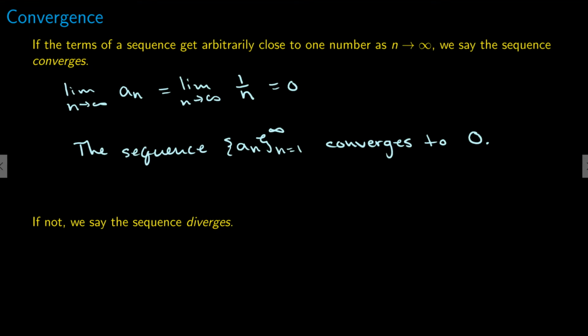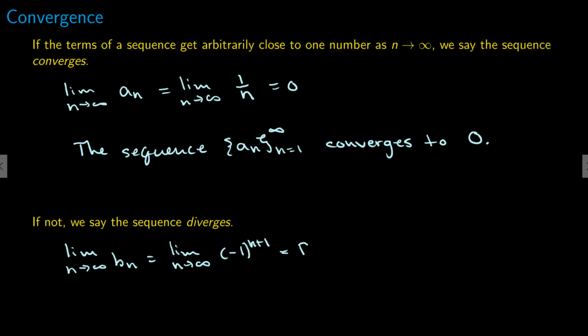If we look at our second example, we'd say the limit as n goes to infinity of b sub n is just the limit as n goes to infinity of (-1) to the n plus 1. And as we let n go out to infinity, we just keep getting terms -1, +1, -1, +1.